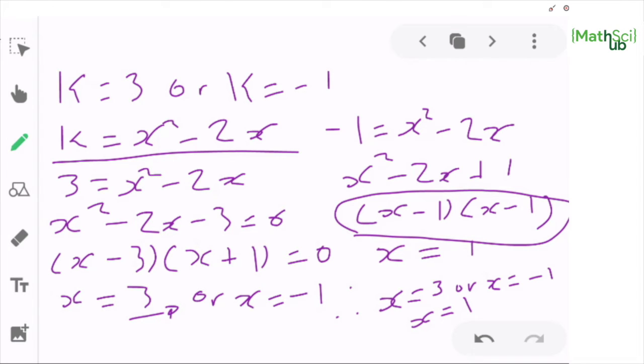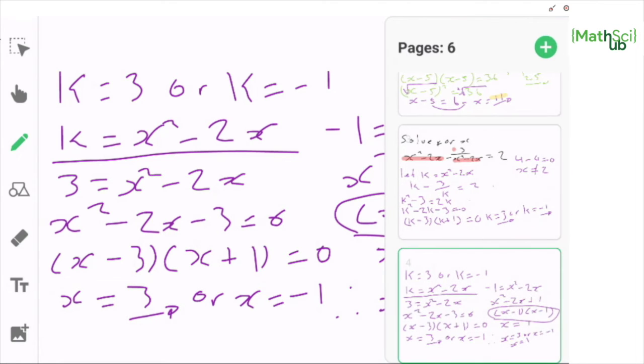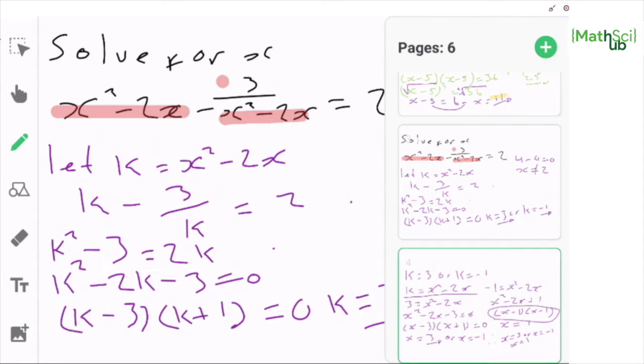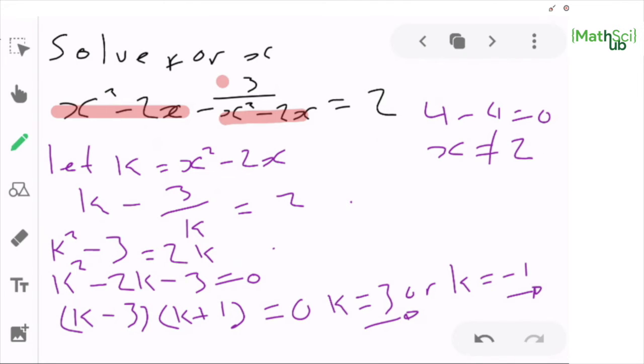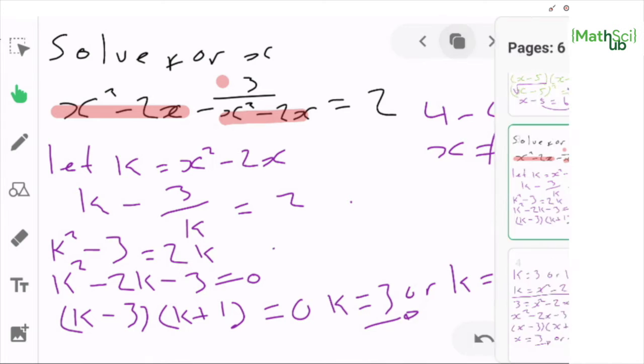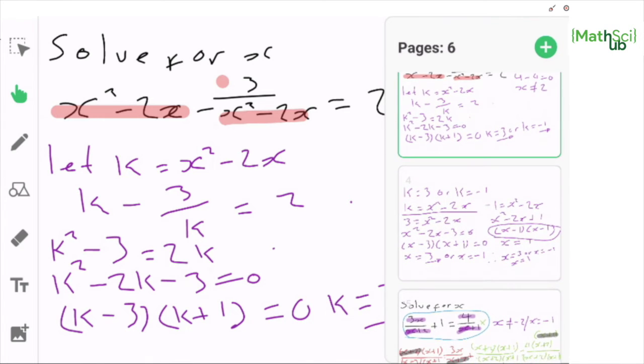Now before you do this, remember you have to check your restrictions again. Let's go back and check our restrictions. Now in this case, your x mustn't equal negative 2. Do we have that as our solution?